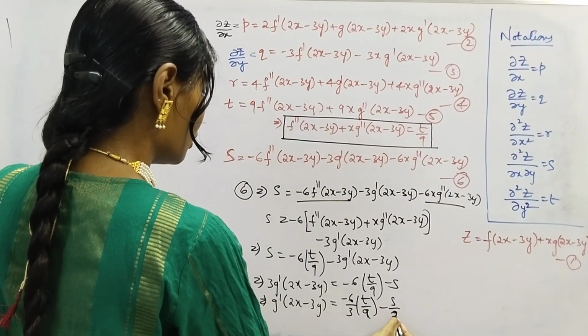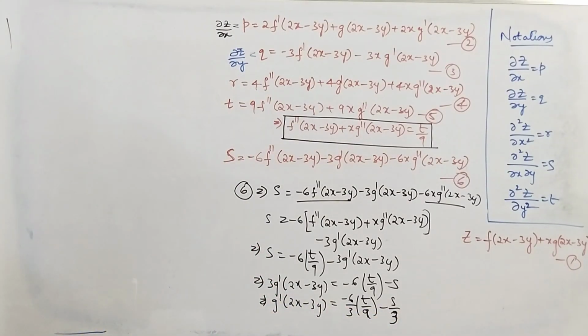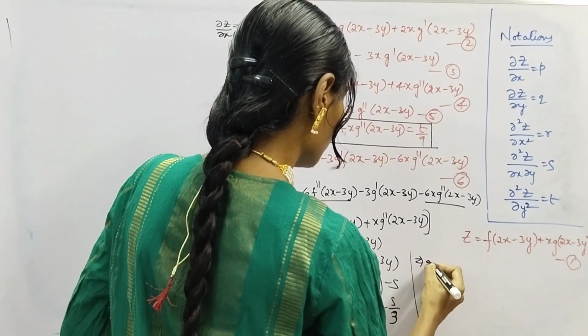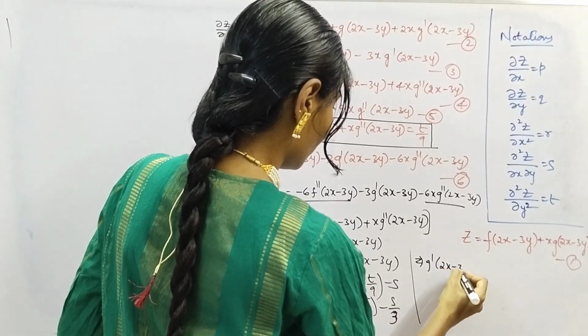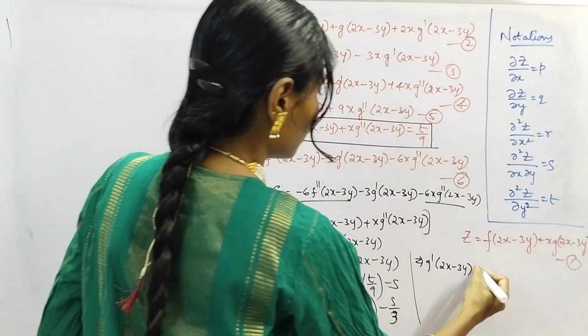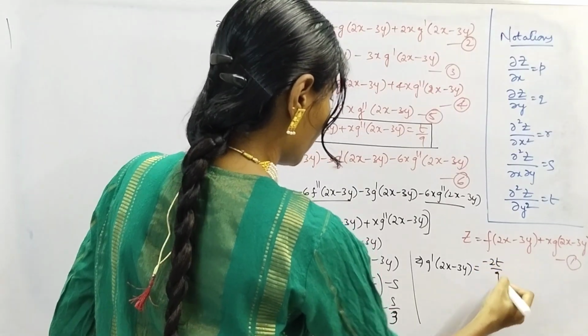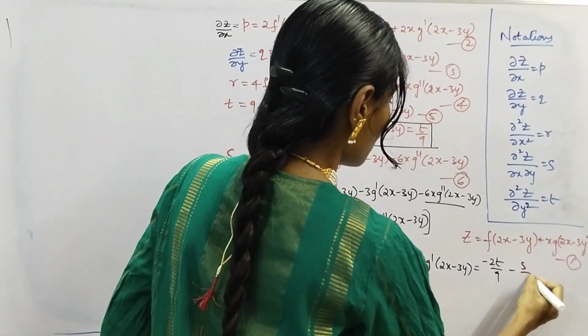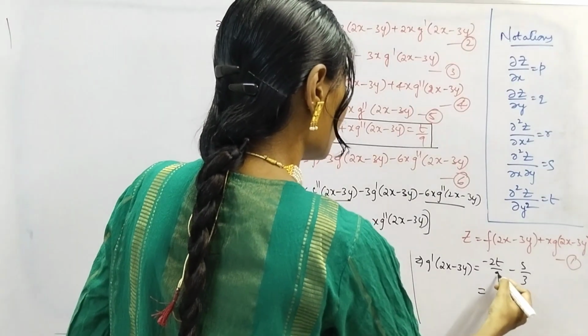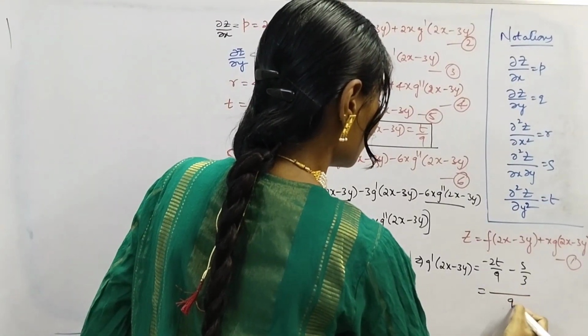Sorry, it's 3, right? Just simplify it. Three twos are 6, so you'll get -2t/9 minus s/3. LCM of 9 and 3 is 9.